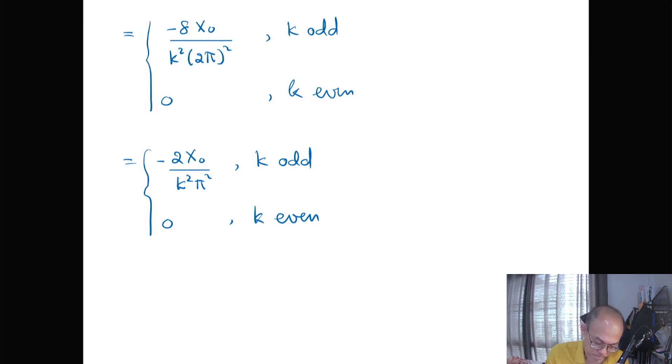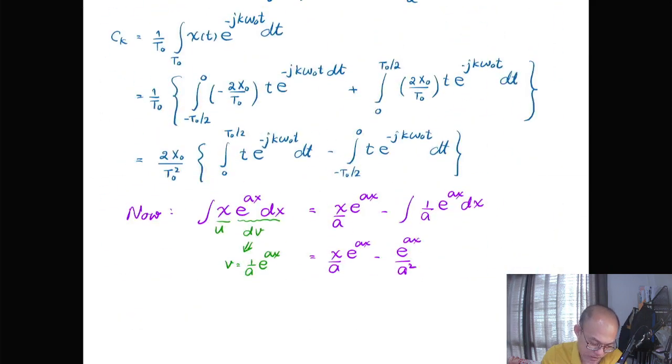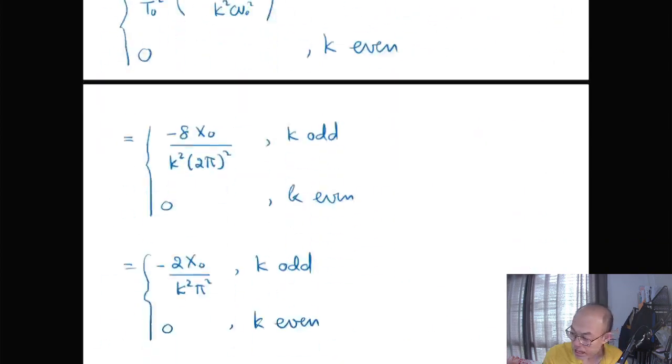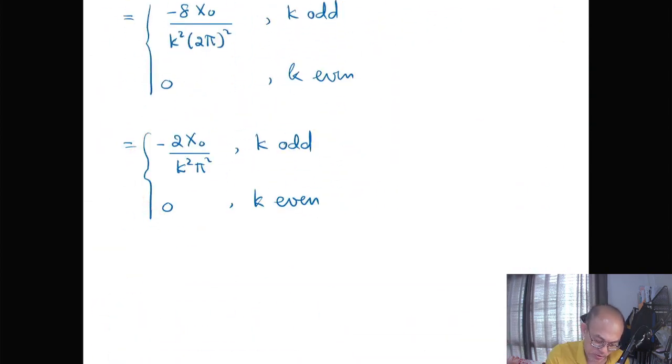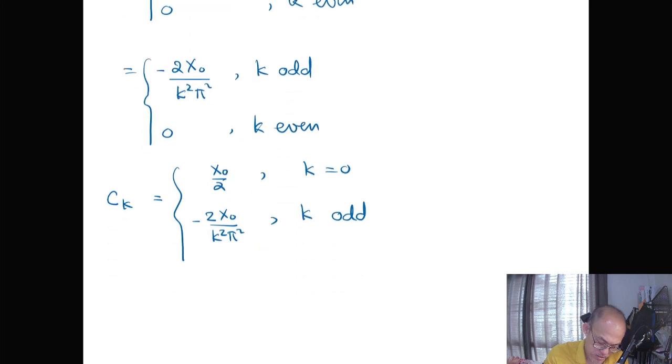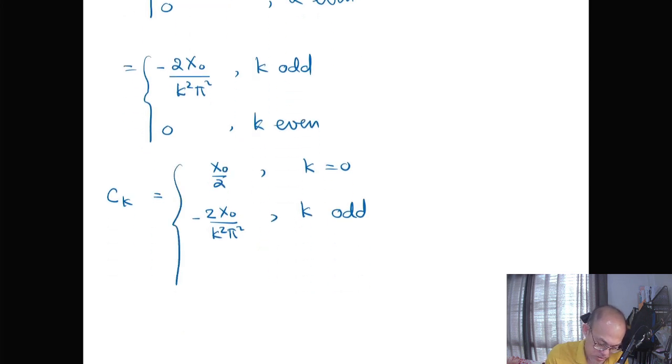Alright, so see, I have all the ingredients because I have c0 equal to x0 over 2, and everything else is given by this, so I have ck equal to x0 over 2 when k is 0, minus 2x0 over k squared pi squared when k is odd, and 0 when k is even and not equal to 0.